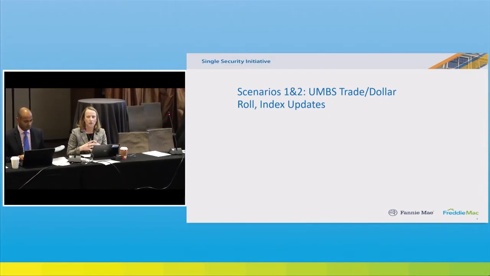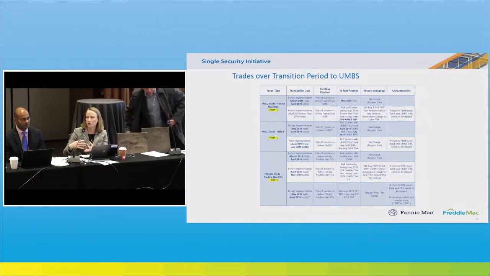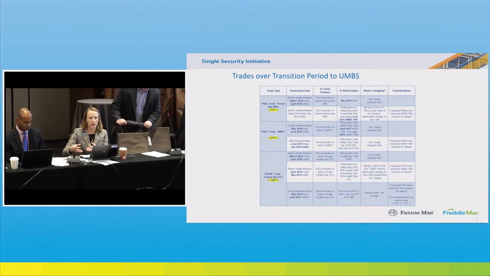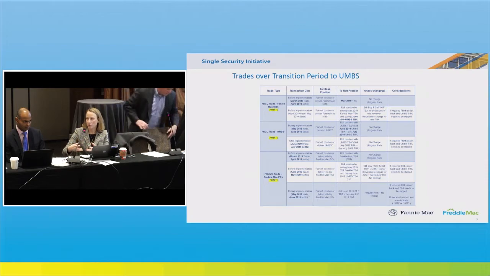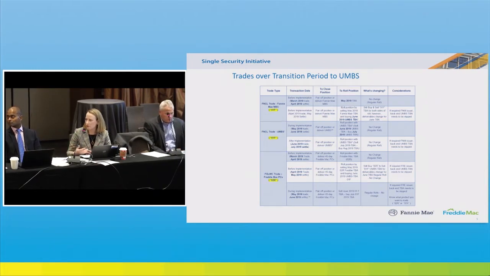Really the UMBS just mimics all the features of the Fannie, and essentially all the Fannie becomes the UMBS, so as far as TBA trading in Fannies and rolling over the transition months, it should be straightforward, right? You have a Fannie roll on, you roll over May to June, you should just roll into UMBS. And I think, Nick, from a clearing perspective, it's O1F, so it all just continues on and is able to net and clear. Yep, exactly.